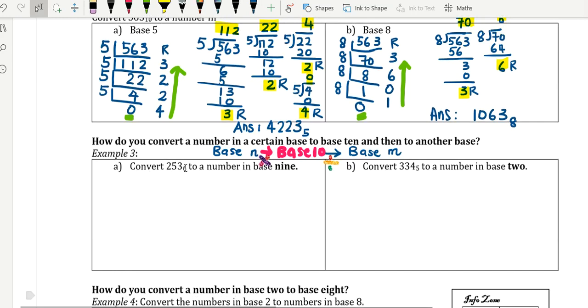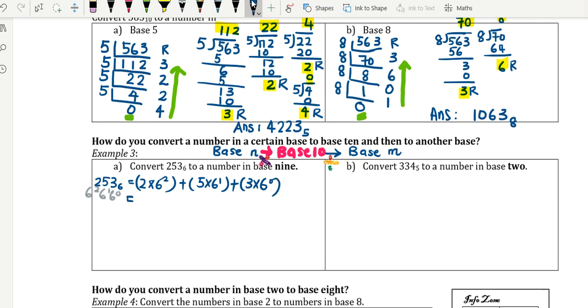Look at the first one, example 3a, convert this base 6. So base 6 converts back to base 10. You have to do expanded notation. Remember expanded notation: 6 to the power 0, 6 to the power 1, and 6 to the power 2. So 2 times 6 to the power 2 plus 5 times 6 to the power 1 plus 3 times 6 to the power 0.